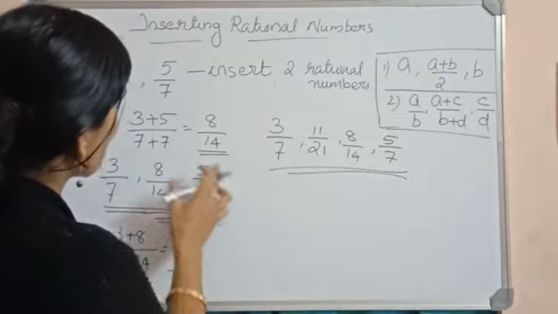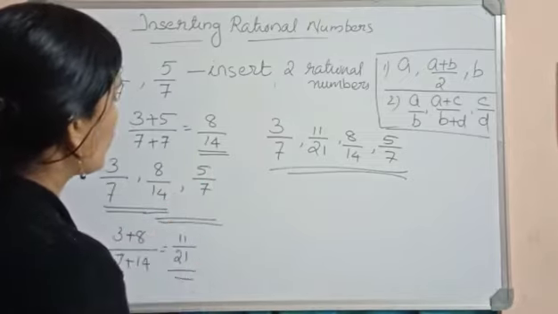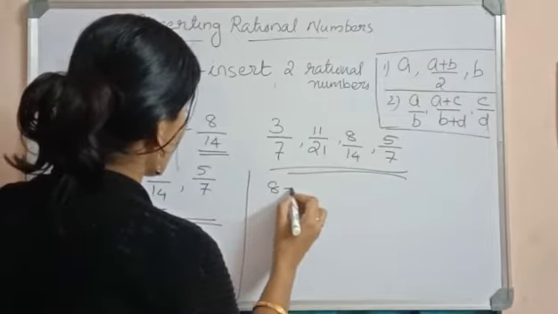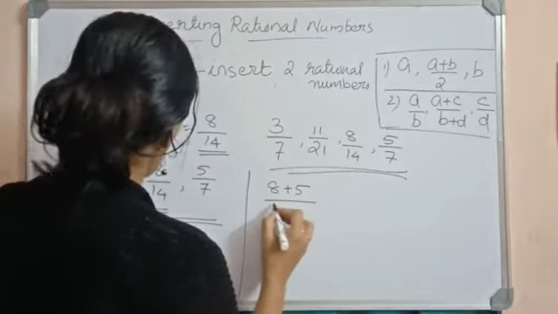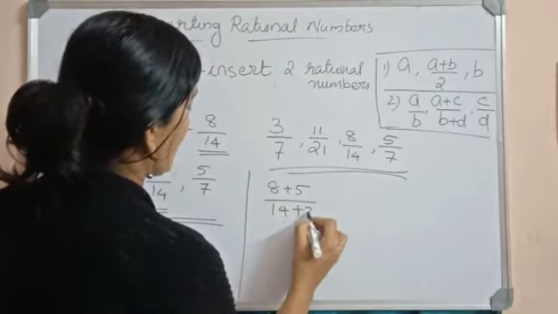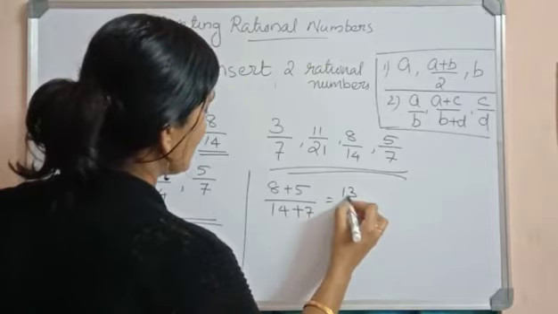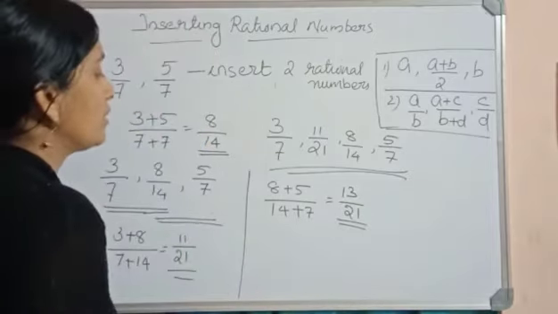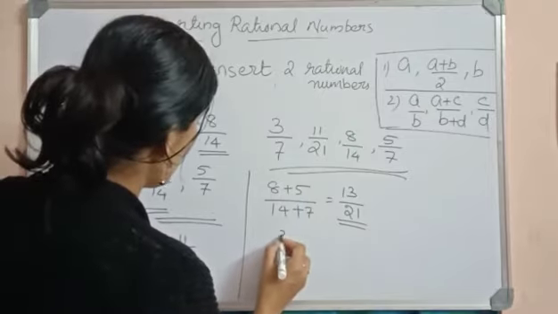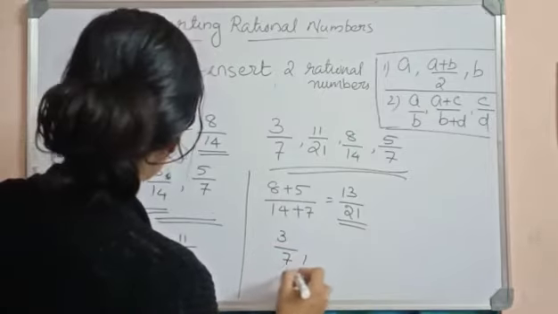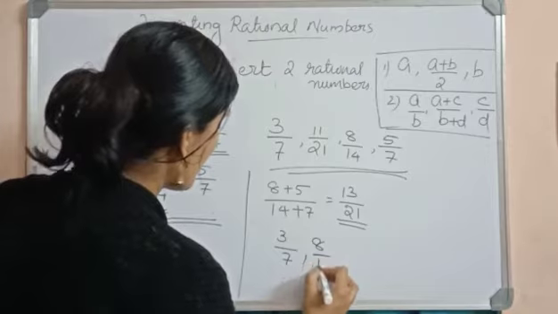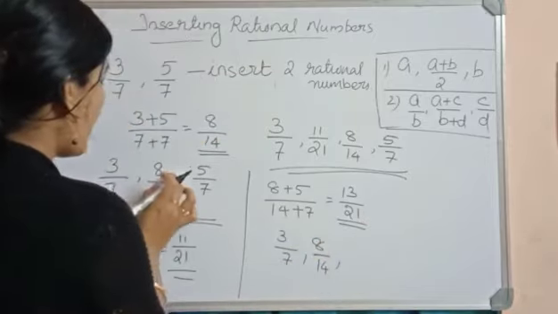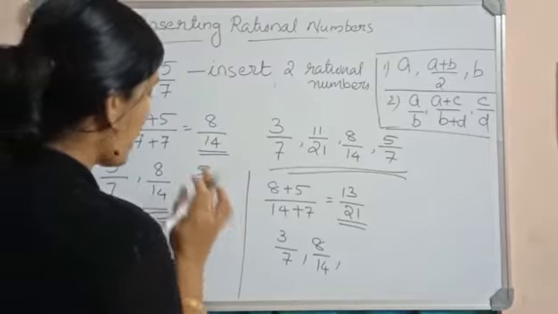Just imagine if you are considering the last two numbers, what you would have got. Then you will be getting (8 + 5)/(14 + 7), and that is equal to 13 by 21. Then your number will be 3/7, 8/14. This number lies between 8 by 14 as well as 5 by 7.